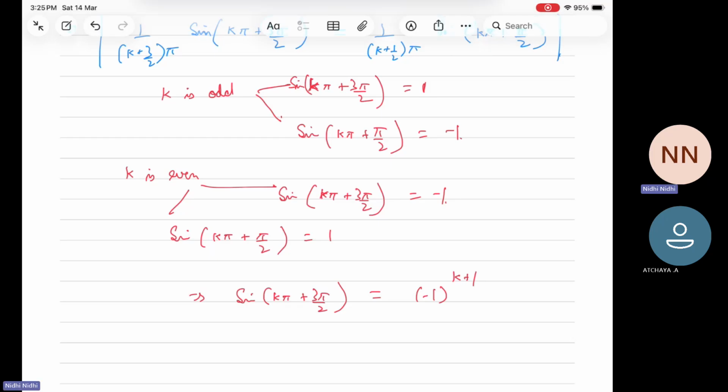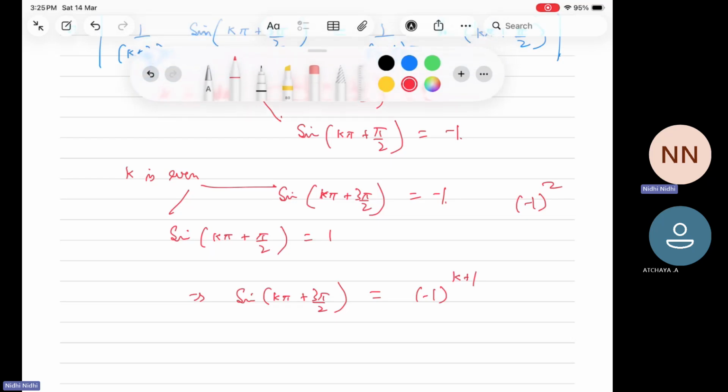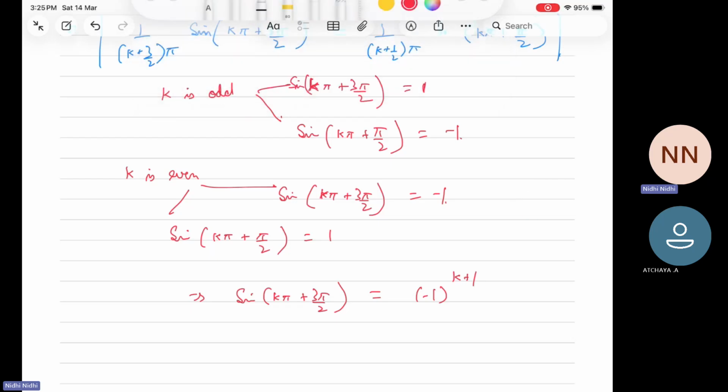So when k is odd, suppose 1 or 3, we get minus 1 to the power 1 plus 1, 2 or 4. So that gives us 1. Similarly, we can see the even case. And sorry, sine k pi plus pi by 2 can be written as minus 1 to the power k.